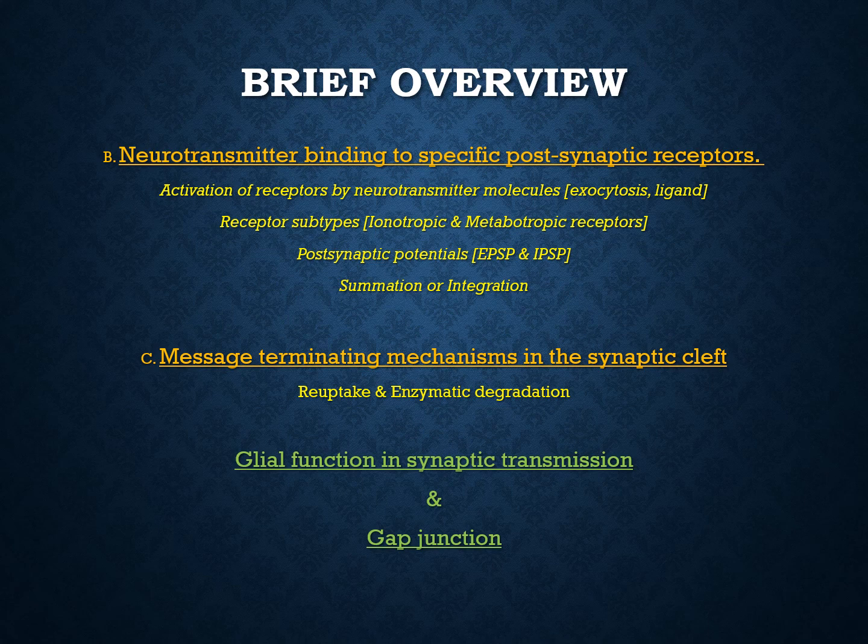Under this, we discussed activation of receptors by neurotransmitter molecules, receptor subtypes, postsynaptic potentials, and the summation or integration part. Then the message terminating mechanisms in the synaptic cleft, within which reuptake and enzymatic degradation were discussed. After that, two points were covered: the glial function in synaptic transmission and gap junction.